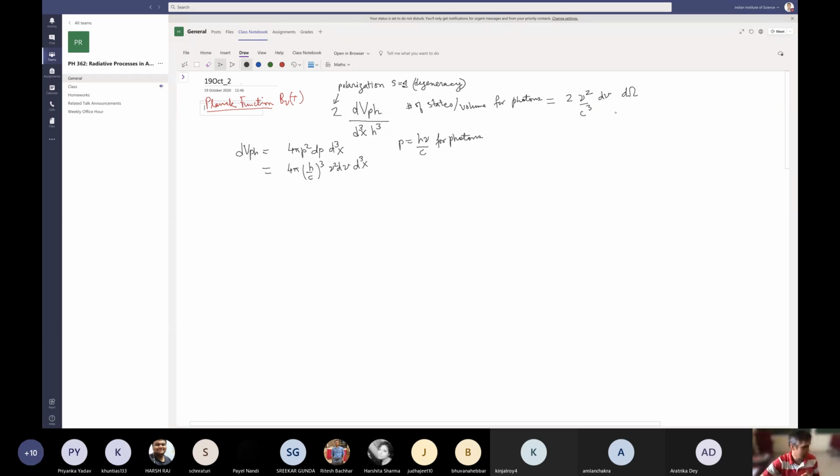So this is the number of states per unit volume, the states available for us to put photons in the frequency range nu to nu plus d nu. Now what about the average energy of photons over all states?